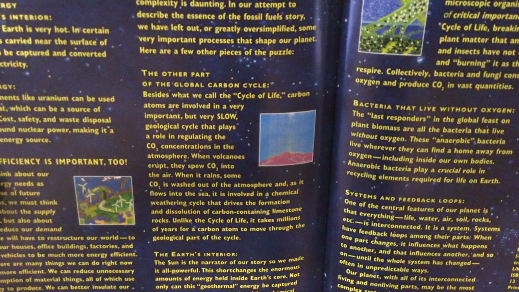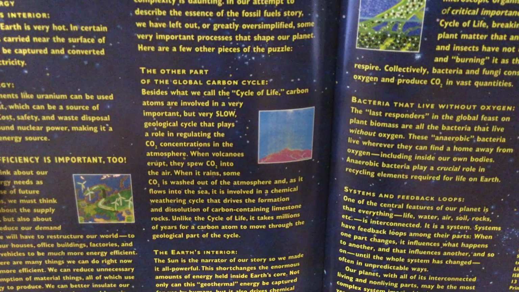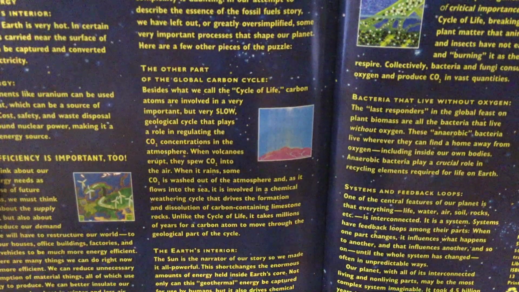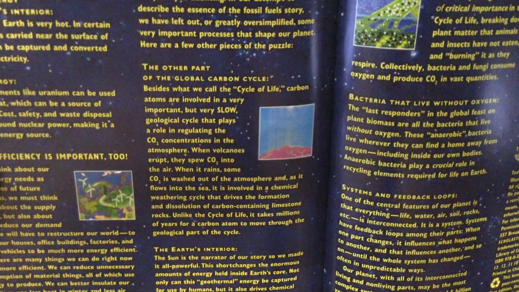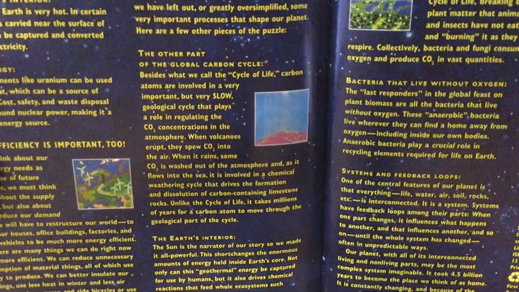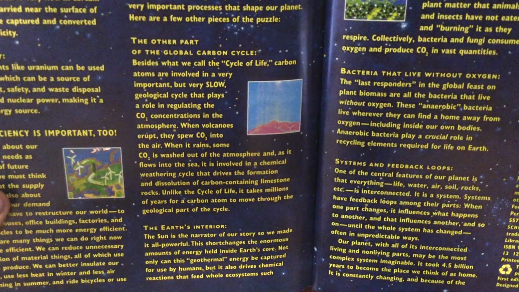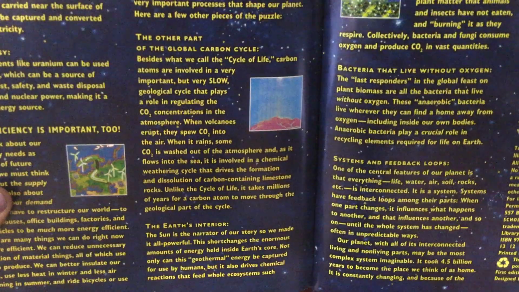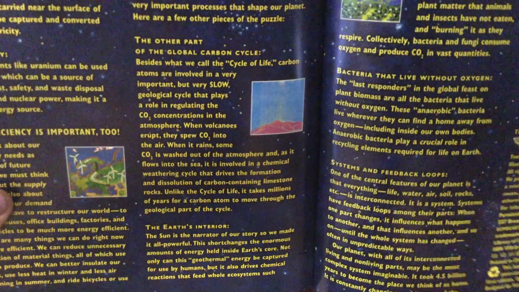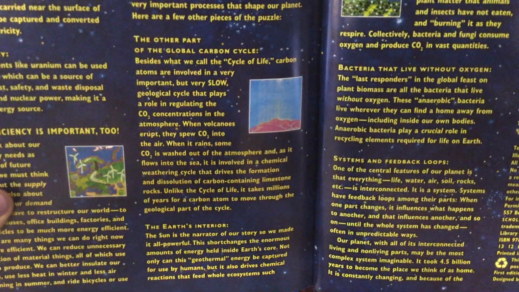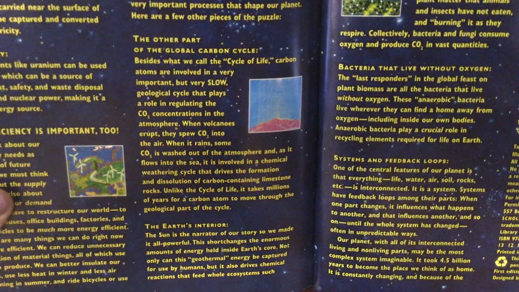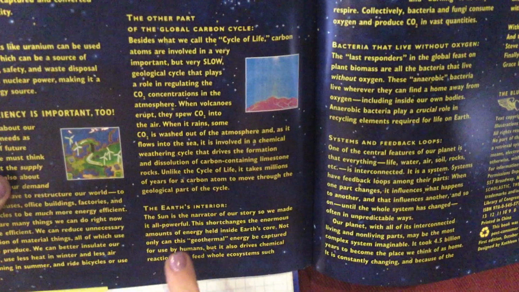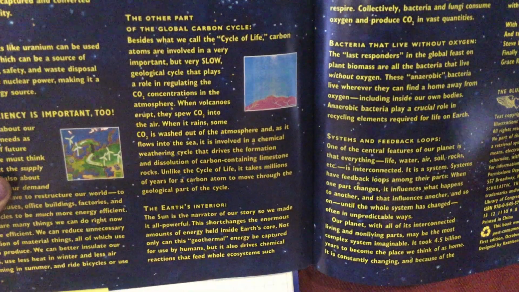When it rains, some CO2 is washed out of the atmosphere and it flows into the sea. It is involved in a chemical weathering cycle that drives the formation and dissolution of carbon-containing limestone rocks. Unlike the cycle of life, it takes millions of years for a carbon atom to move through the geological part of the cycle.